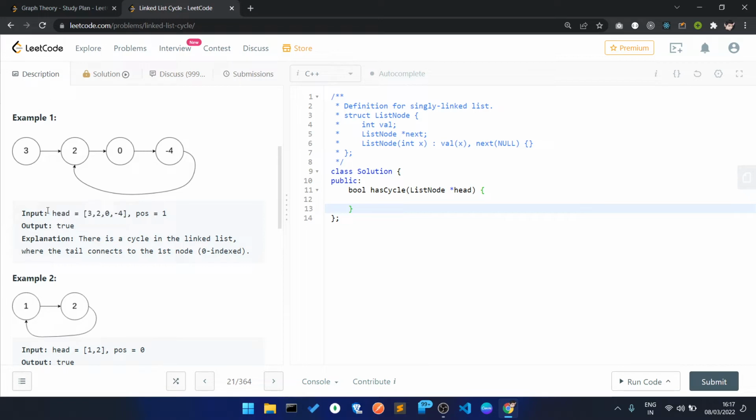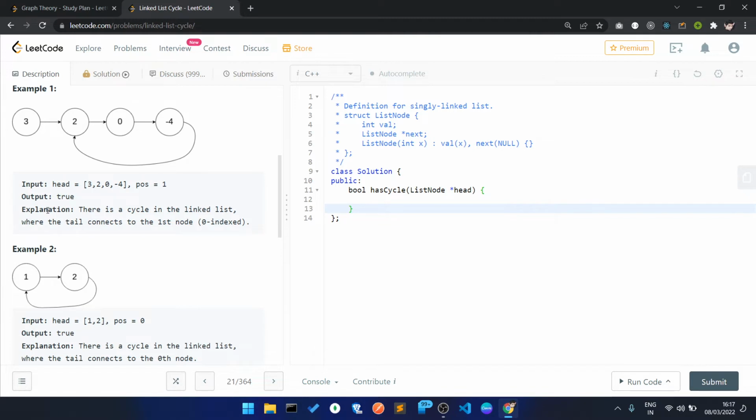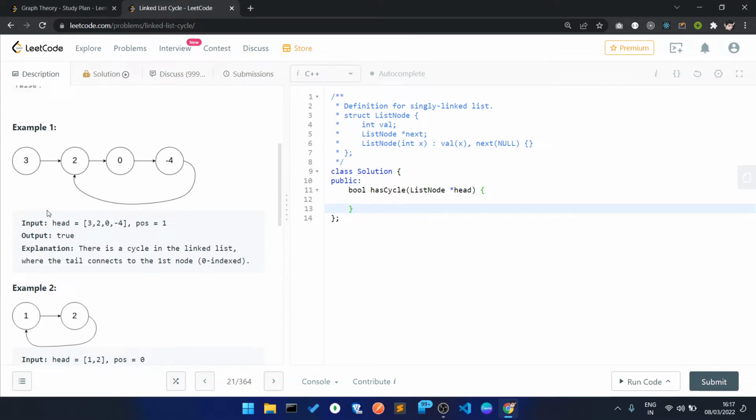But you don't know about it because you are only given the linked list. So how can we find it out? We can find it out easily by using a technique called the hare and tortoise algorithm.